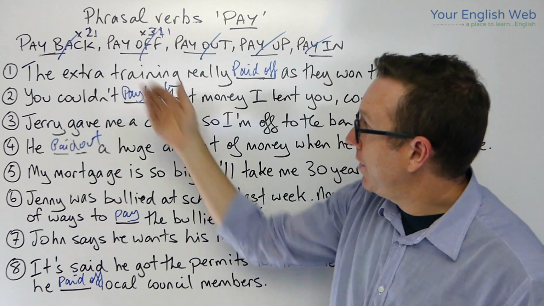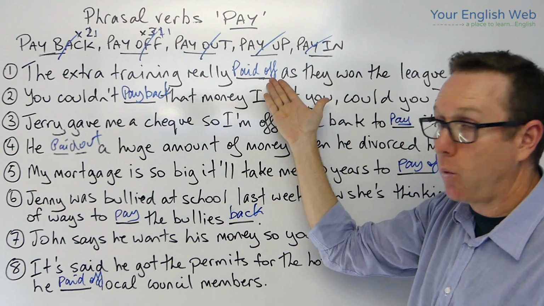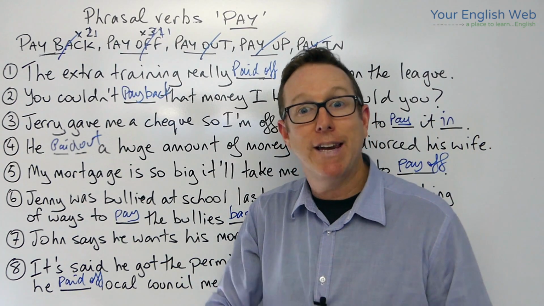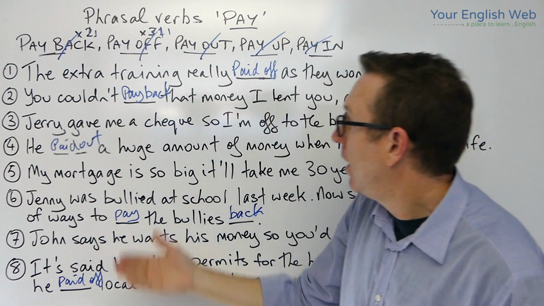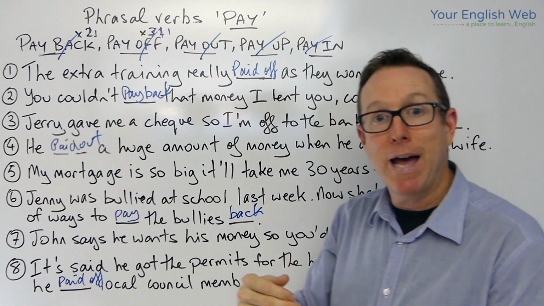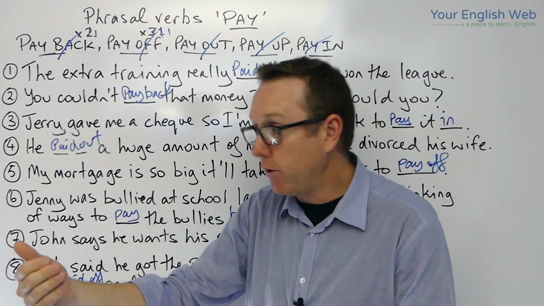So let's go through these again. The extra training really paid off as they won the league. Okay, paid off. It was beneficial. It gave results. You couldn't pay back the money I lent you, could you? Pay back, give back the money that I lent you or I gave you.